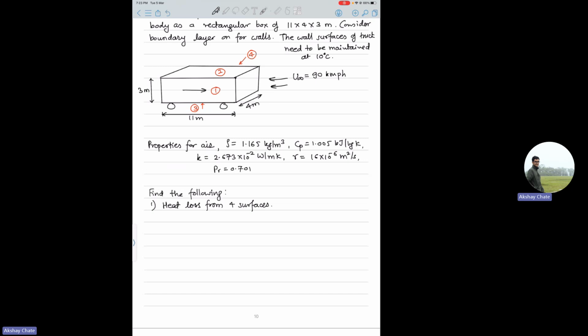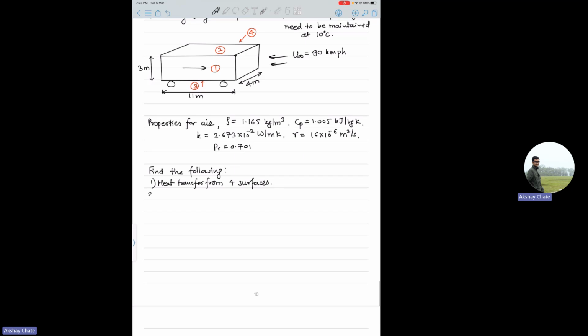Actually, it should not be like that. It should be heat transfer from four surfaces. Sorry. So first, you need to find heat transfer.